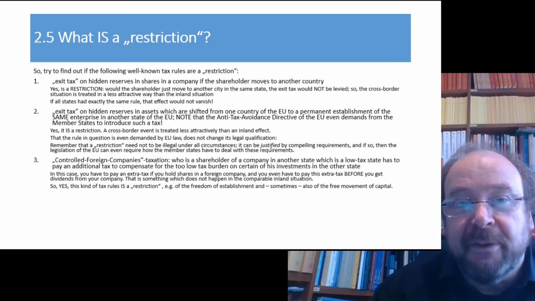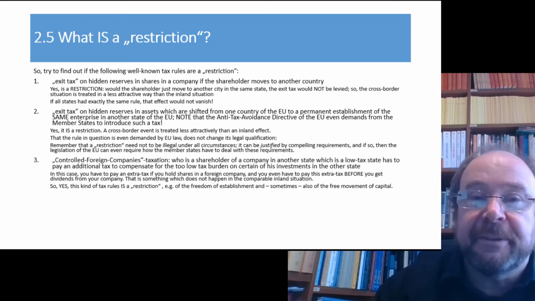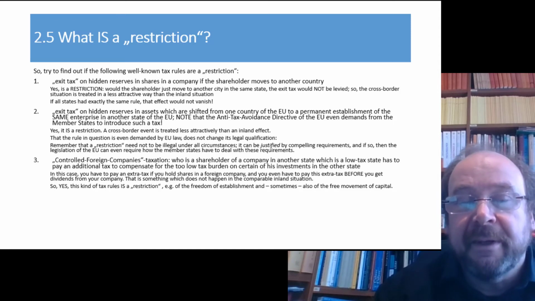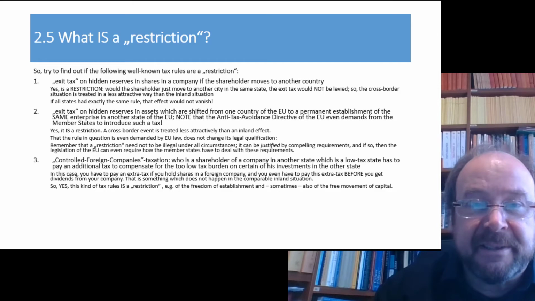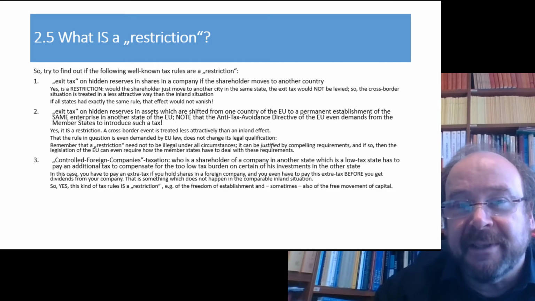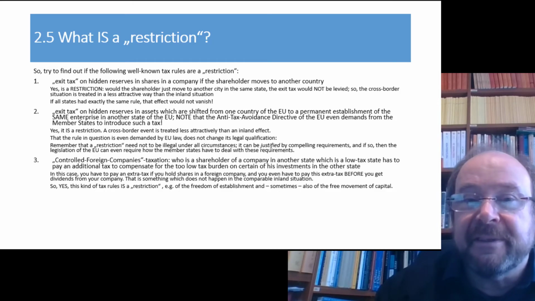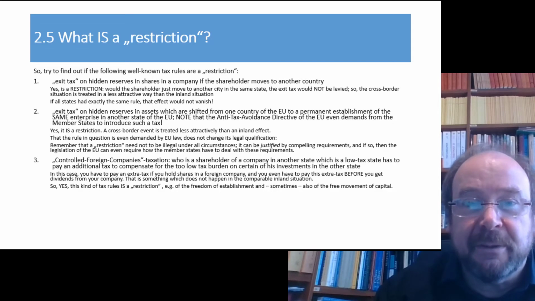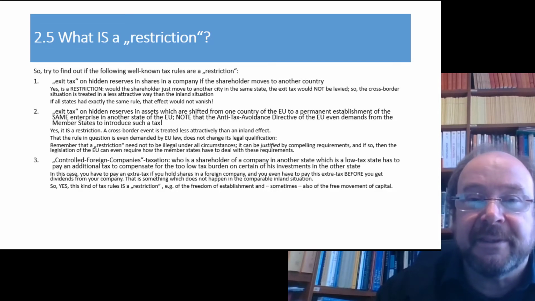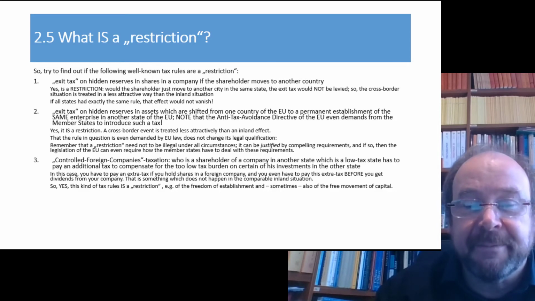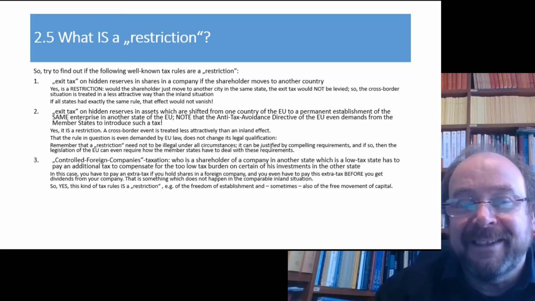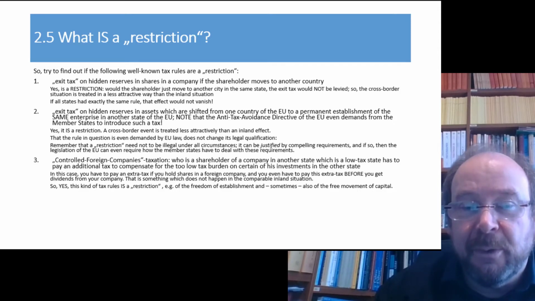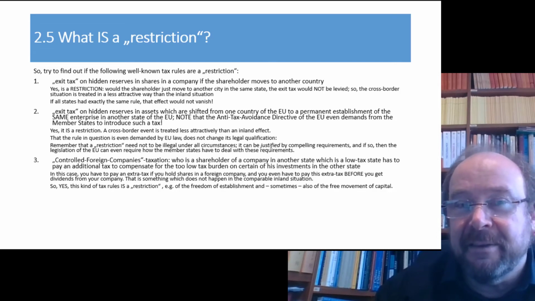Next example, controlled foreign companies taxation. You know that in the Foreign Relations Tax Act and many other tax acts of other countries, there is a rule that somebody who is a shareholder of a company which is in a low tax state, so tax haven or tax oasis, has to pay an additional tax on the profits of that company to compensate for the too low tax burden in the foreign location.